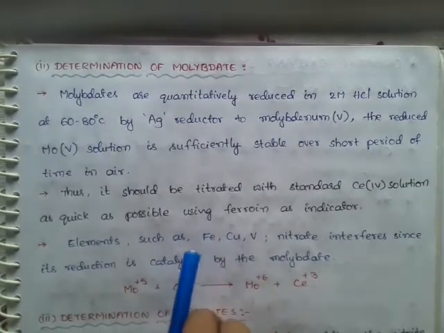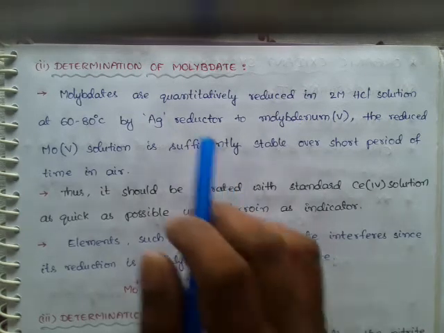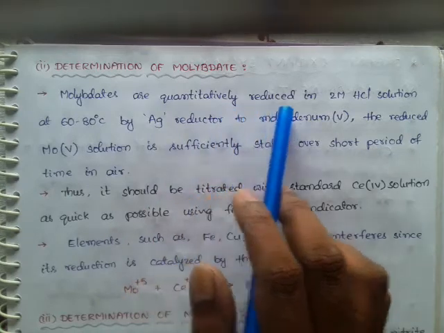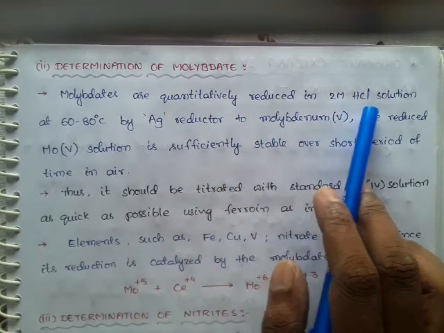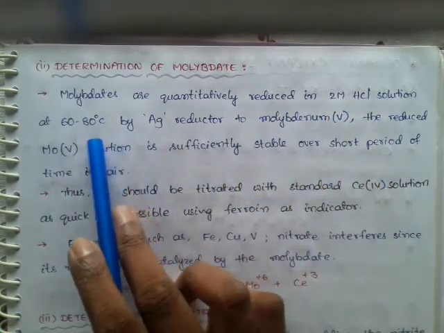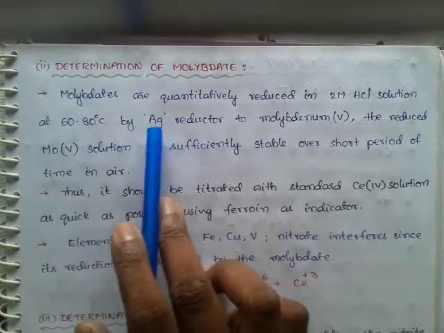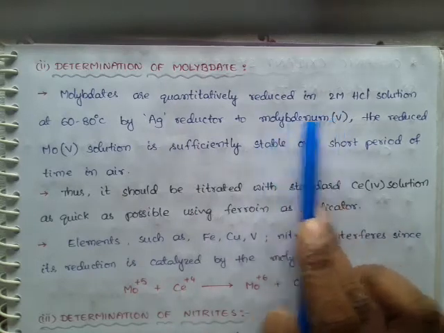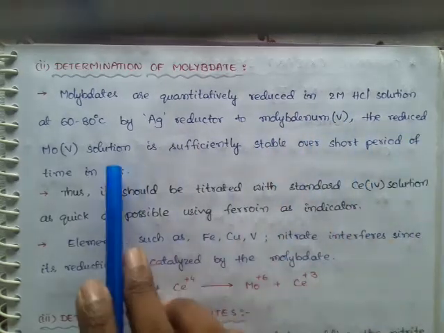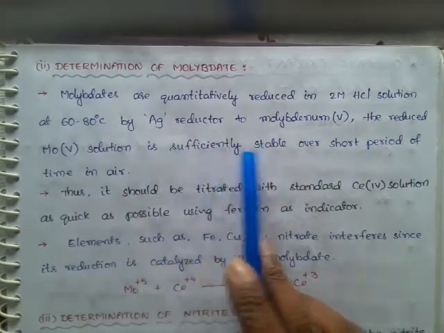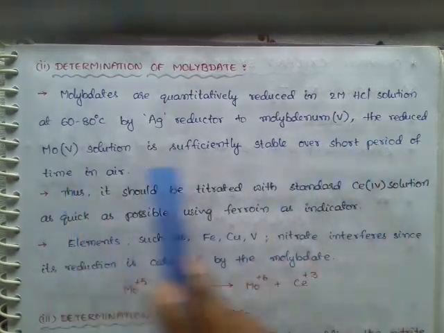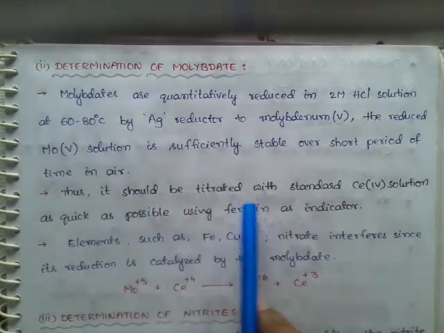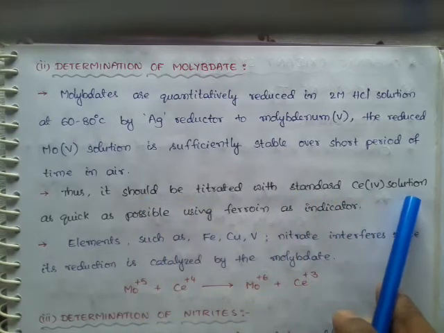Second application of cerium 4 solution is for the determination of molybdate. Molybdates are quantitatively reduced in 2 molar HCl solution at 60 to 80 degrees Celsius temperature by silver reductor to molybdenum 5. The reduced molybdenum 5 solution is sufficiently stable over a short period of time in air. So it should be titrated with the standard cerium 4 solution. Why?